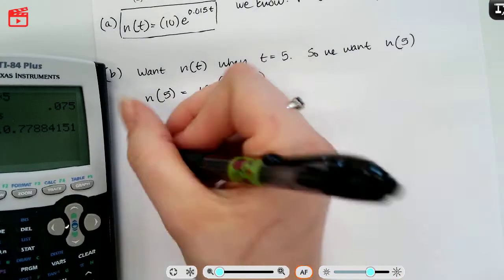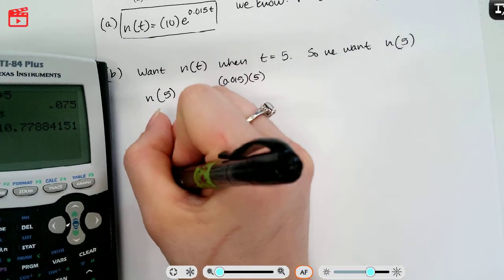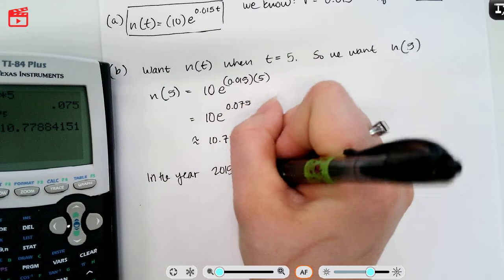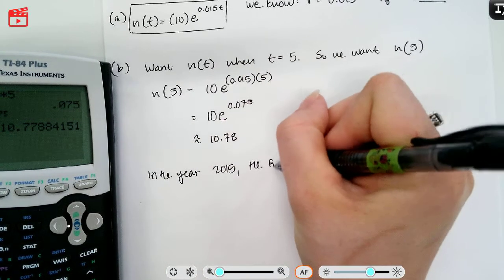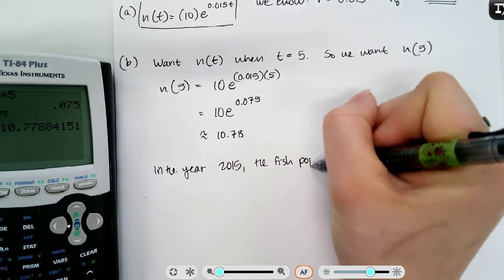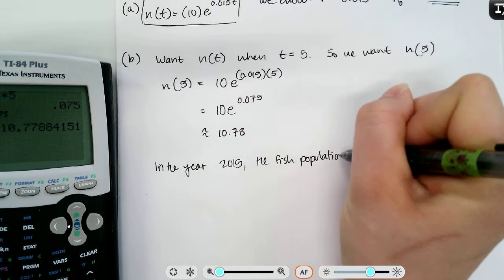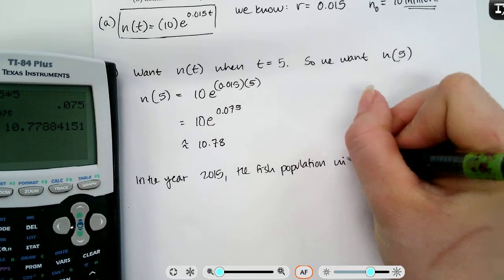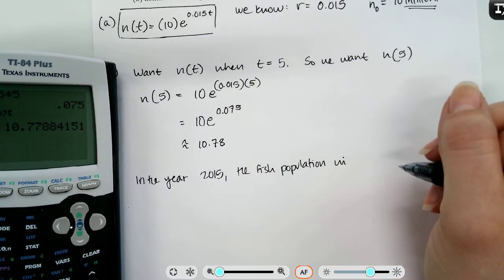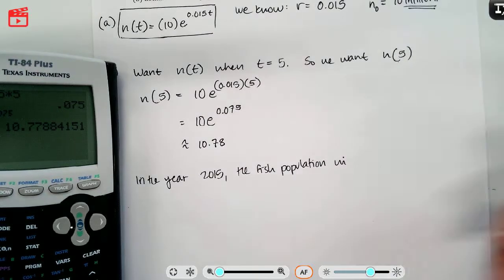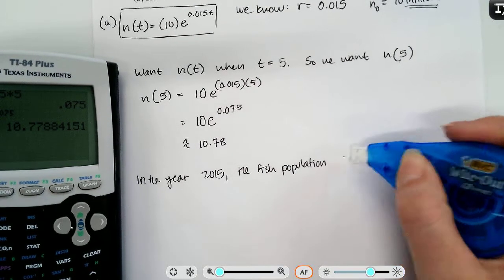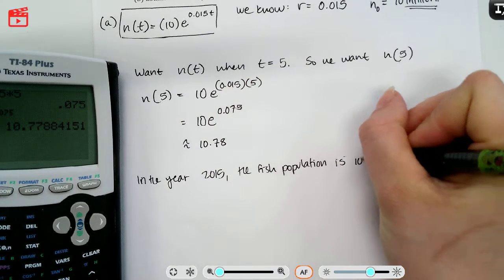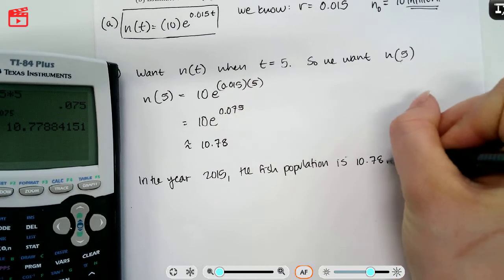All right, so what is our answer? Well, in the year 2015, what do we know? The fish population is 10.78 million.